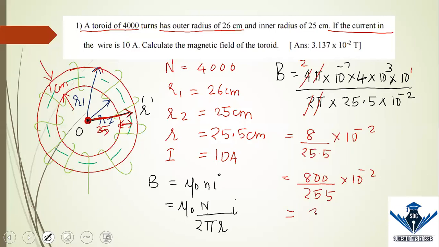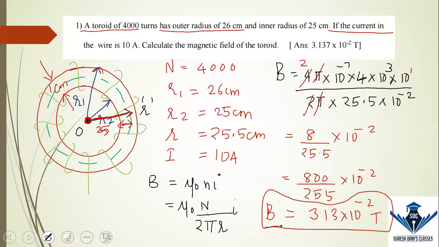I think this comes to 3.13 into 10 raised to minus 2 approximately in Tesla. So this will be our final answer. You calculate this, you should get this answer. Please check, everybody. Please take it down. It's a very important question of toroid. It is based on your unsolved examples also in the textbook.